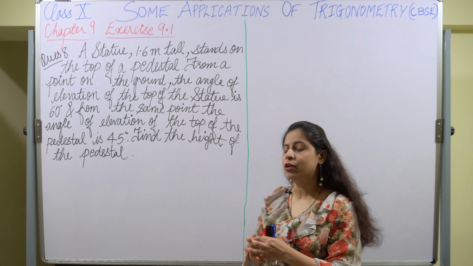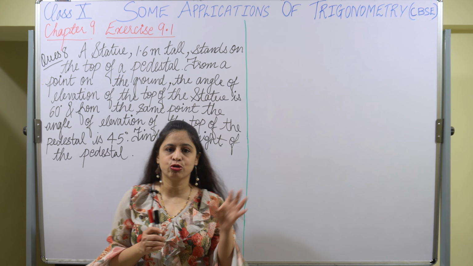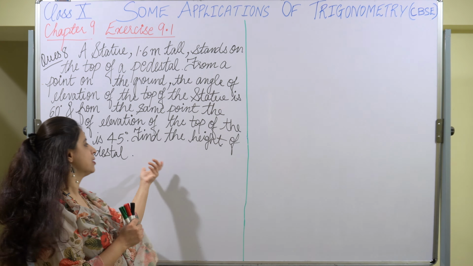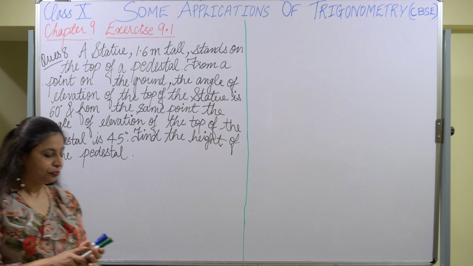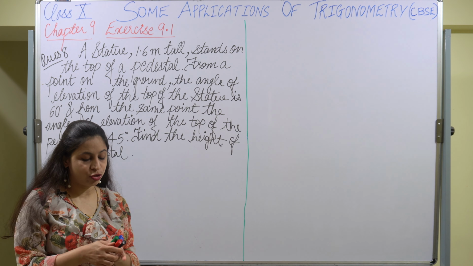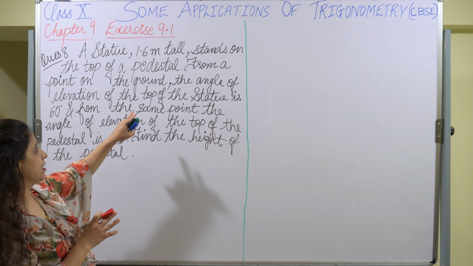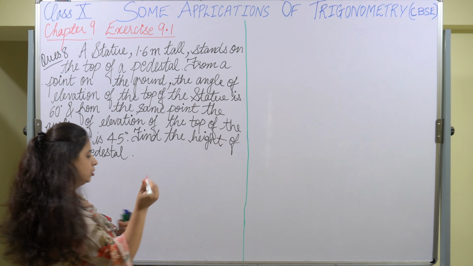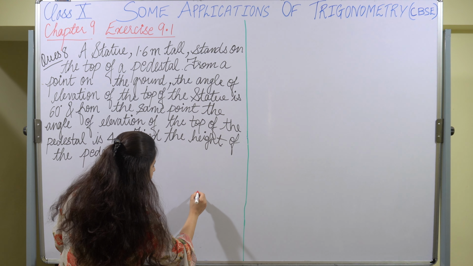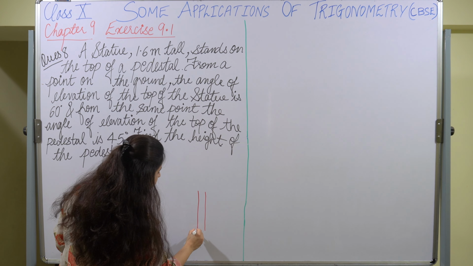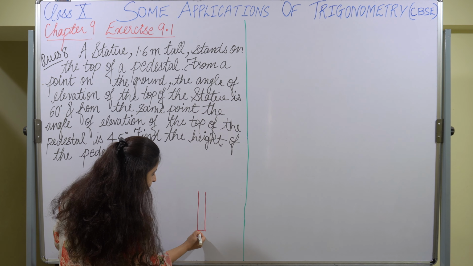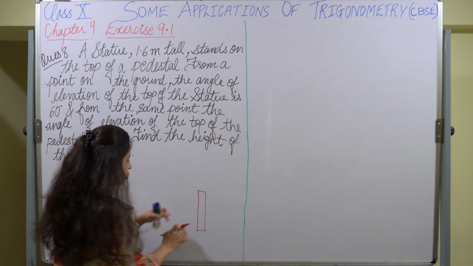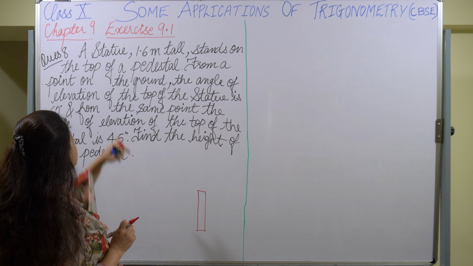So this question is similar to question number 7. There also the scenario was similar, but here the pedestal is given and a statue is standing on the top of the pedestal. Okay, so let us draw the figure. First of all, let us draw the pedestal and the statue. So we are starting with the pedestal. Let us say the pedestal is over here, and on the top of this pedestal is the statue.